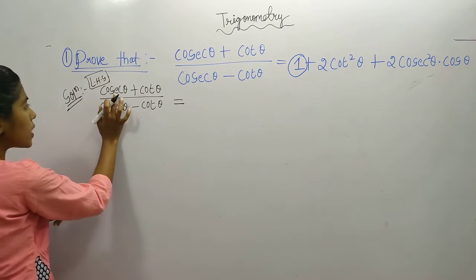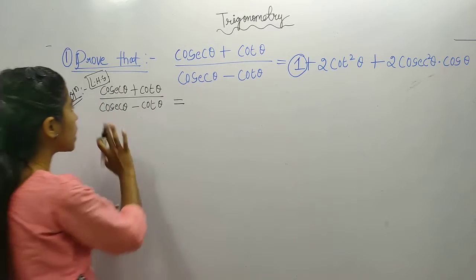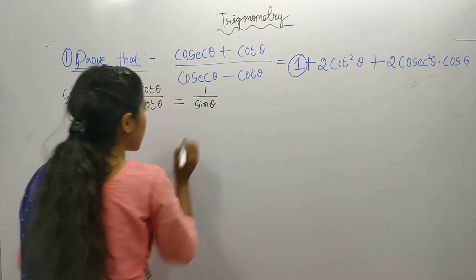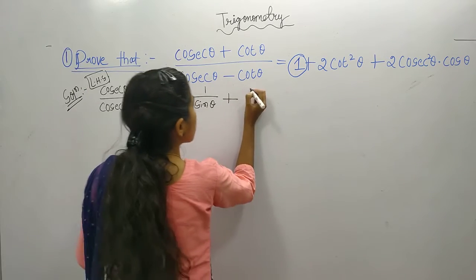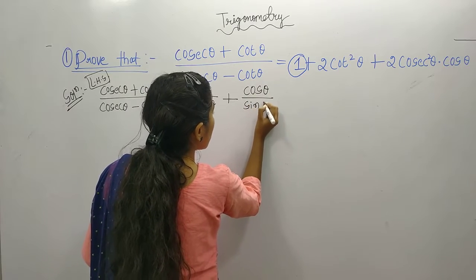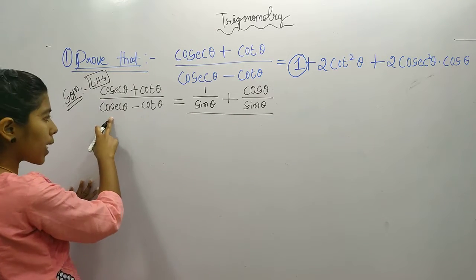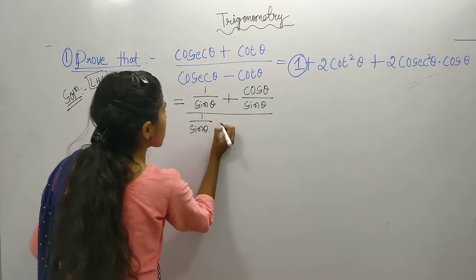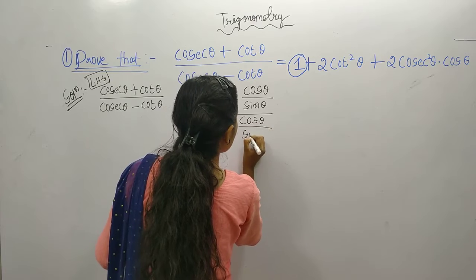Here cosec theta is 1 by sin theta, so instead of cosec theta we will write 1 by sin theta, plus cot theta, which is cos theta by sin theta. Next, whole divided by 1 by sin theta minus cot theta, and cot theta is cos theta by sin theta.